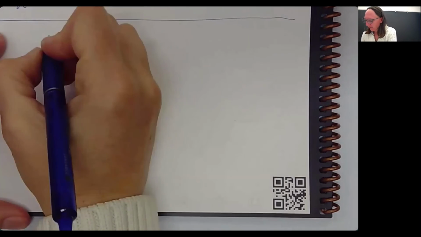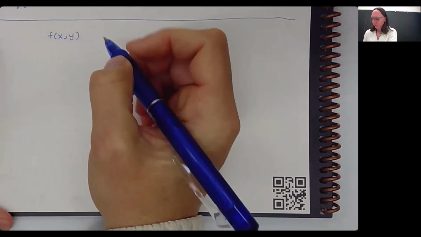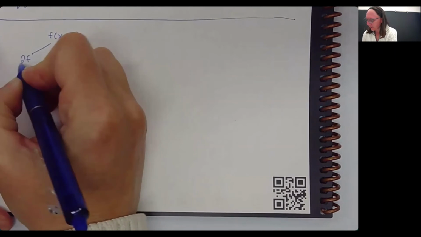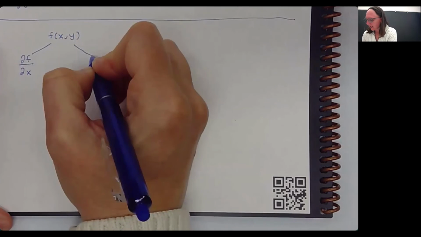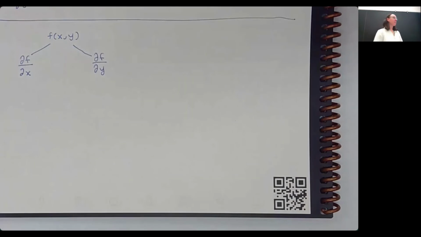And the reason is that if I have my function of x and y, I have 2 options, right? I can take my partial of f with respect to x, or I can take my partial of f with respect to y.